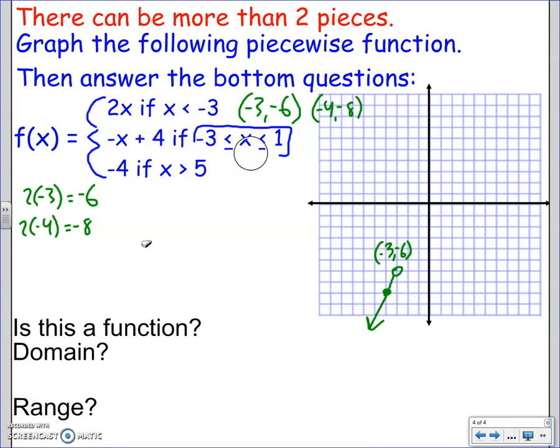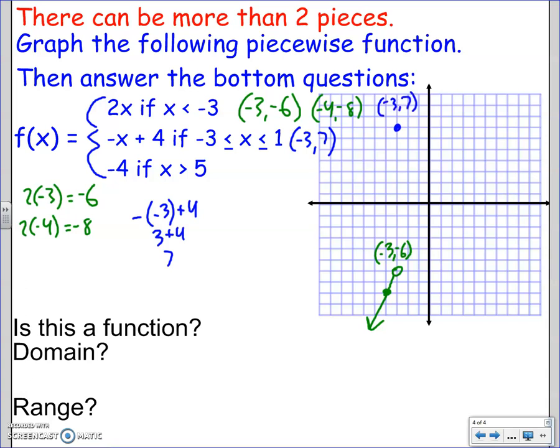Alright, if I plug in -3, let's see what I get. -3 plus 4, that's +3 plus 4, that's 7. So -3, 7 is on the picture. And that is closed. So let's see, -3, +7 is right here.